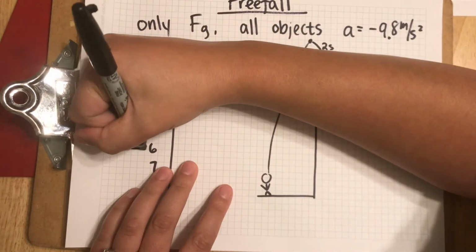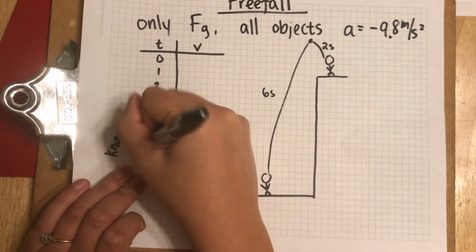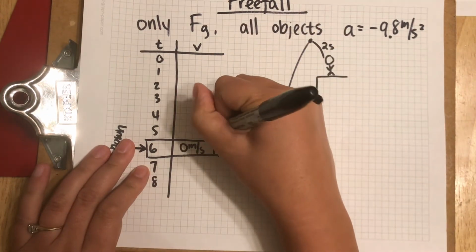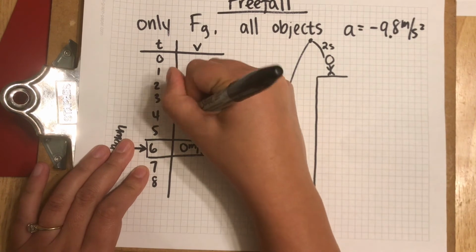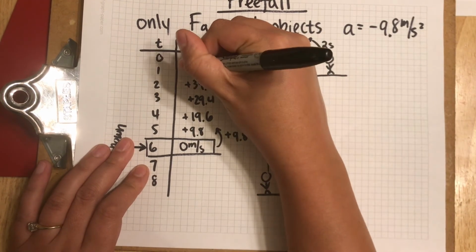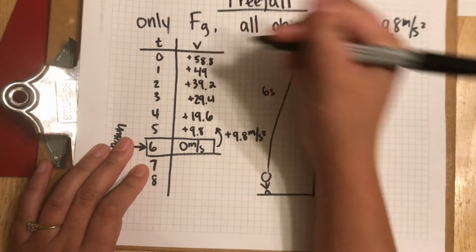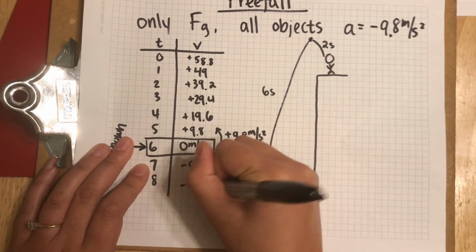The number that I know and I'm given in that wording is that the velocity at 6 seconds is 0 because that's the apex. With an acceleration of 9.8, that means any earlier second of time was 9.8 meters per second faster in the positive direction, and any later increment of time after the apex had a more negative velocity.